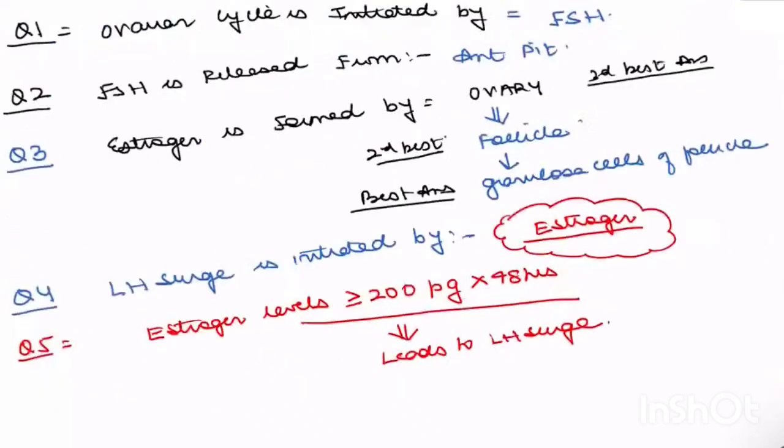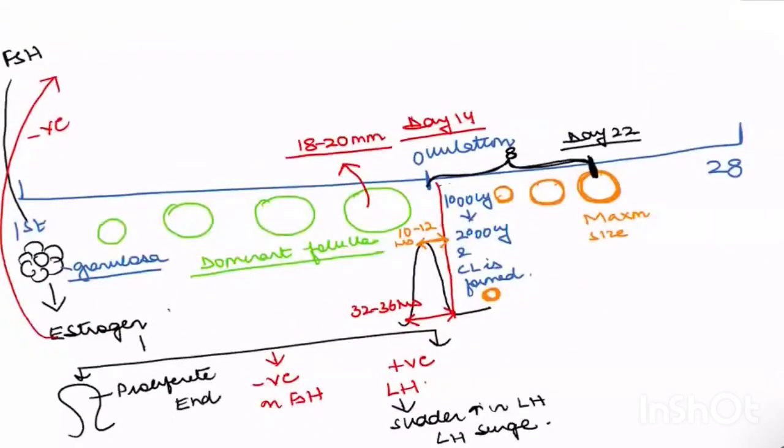So now go back to your diagram, and from the corpus luteum which has reached maximum size, let the progesterone be released. So now corpus luteum has formed progesterone. What will this progesterone do? This progesterone will have two functions. Number one, it will support the endometrium.